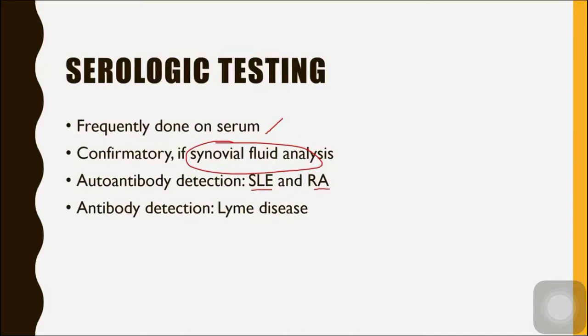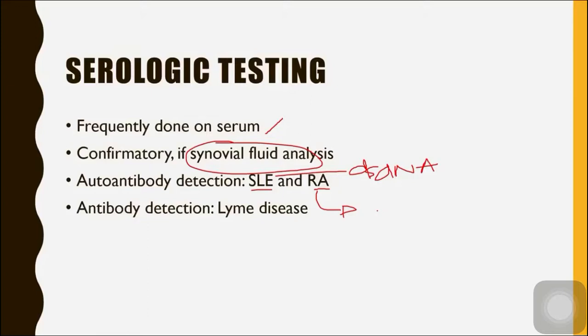Again, let us review. For SLE, the most specific antibody is the dsDNA. How about for RA? The most specific antibody for rheumatoid arthritis is not actually rheumatoid factor.